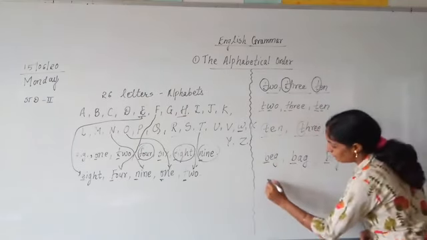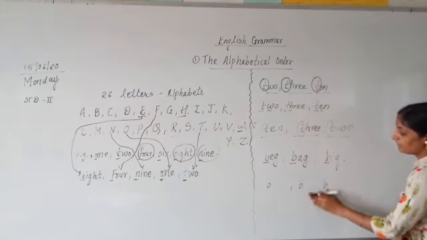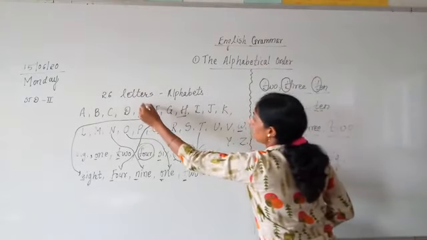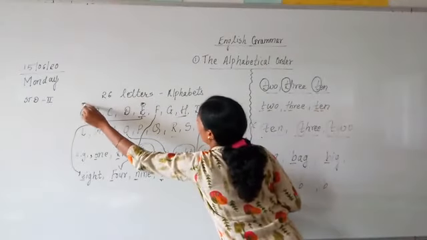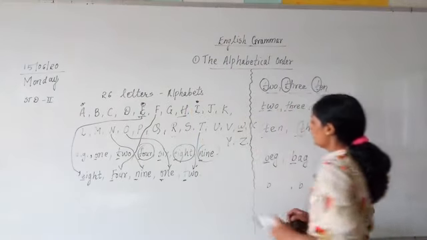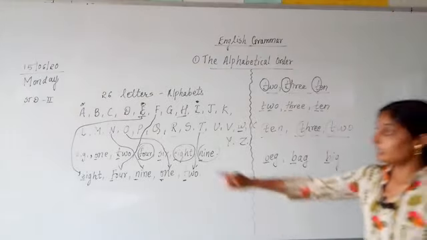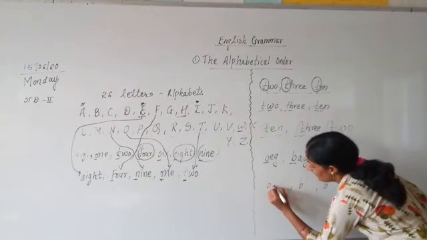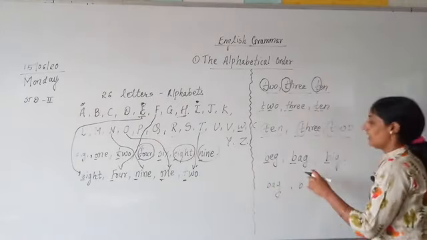So we write the first letter as B, B, and B. Now we are going to see our second letter: E, A, and I. So from the second letters, which is coming first? A is coming first, right? So we write down A, and the complete word is BAG.